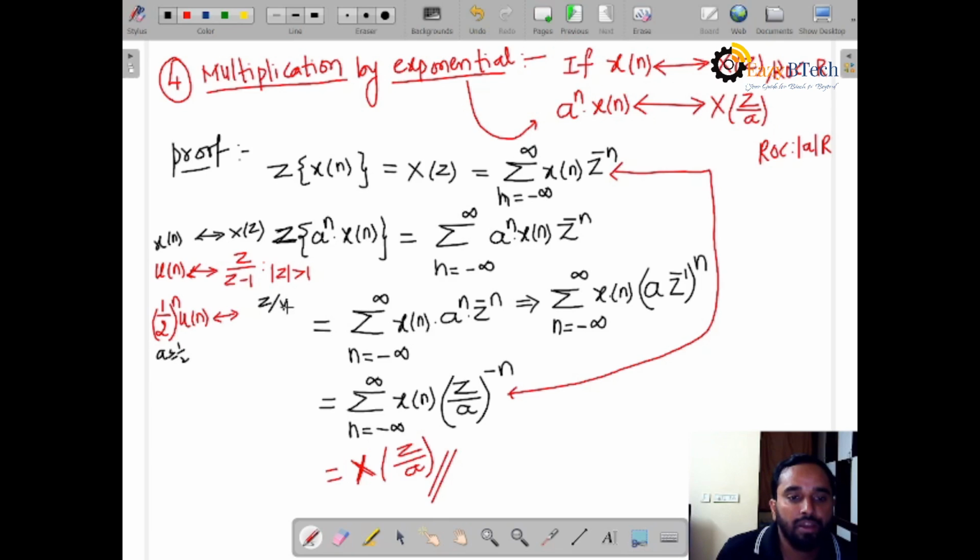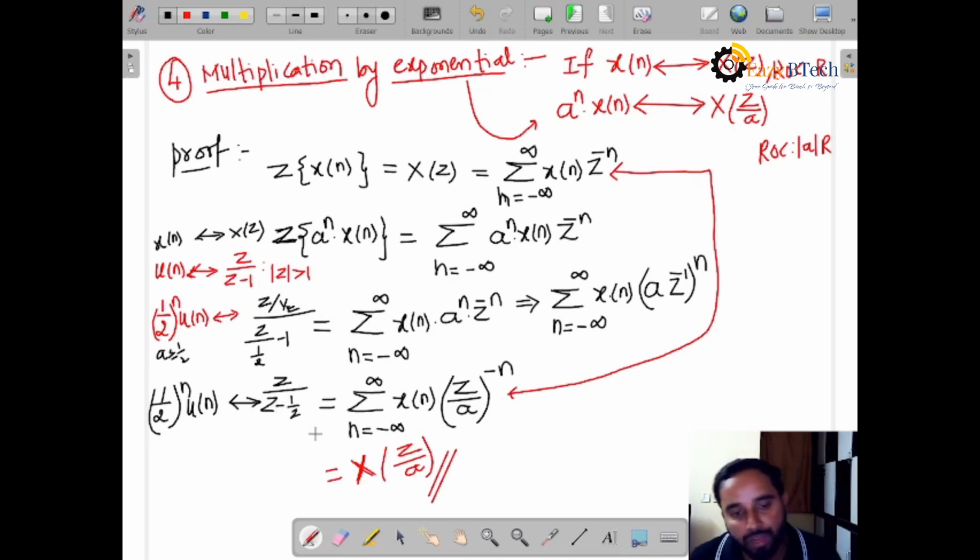So z divided by 1 by 2, again z by 1 by 2 minus 1. So by doing LCM, we can get the Z transform of 1 by 2 power n u of n. LCM is here 1 by 2, 1 by 2 get cancelled, z by z minus 1 by 2.